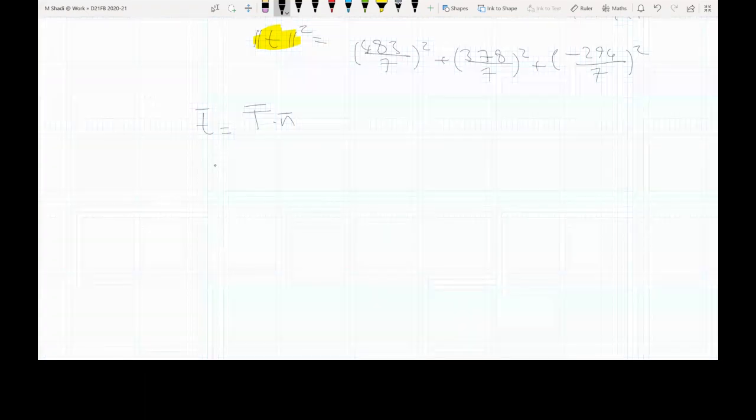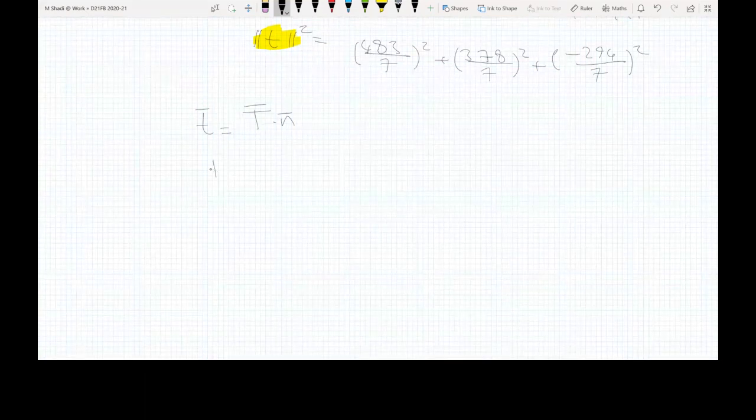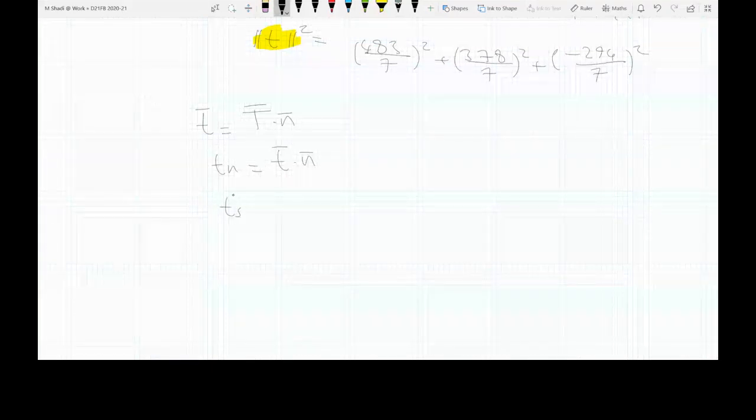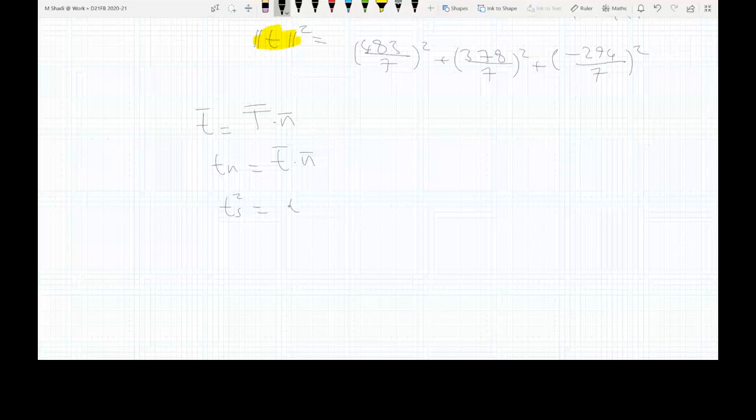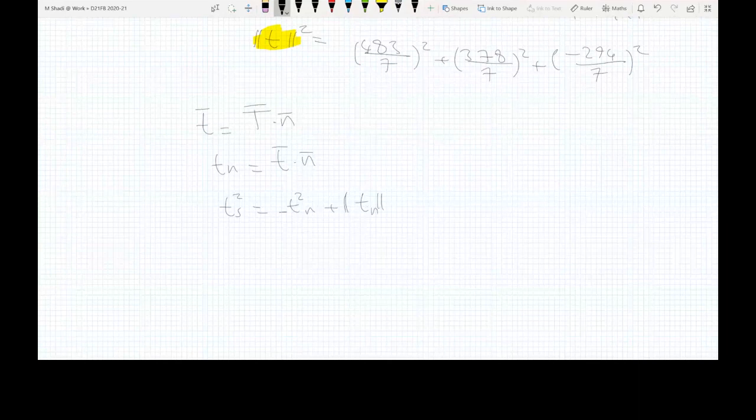And the second thing is, since we are using capital letters for T, the normal component, or probably Tn, is equal to T multiplied again with n. And Ts squared is equal to the length of T squared minus Tn squared.